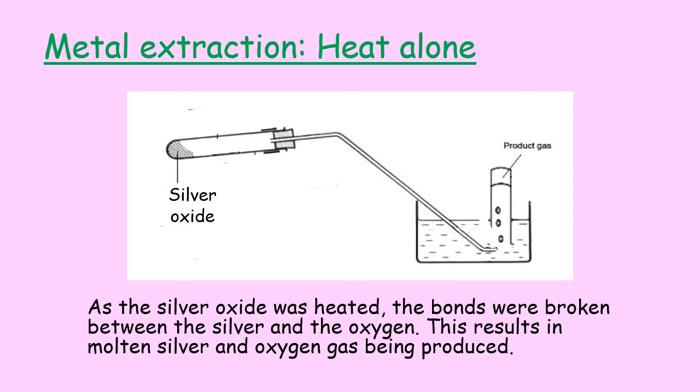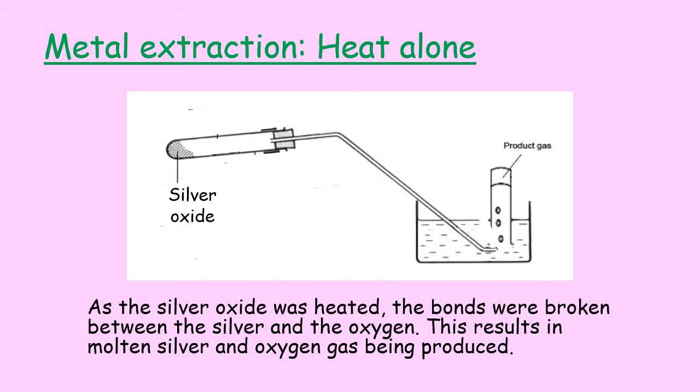So as the silver oxide is heated, the bonds between the silver and oxygen are broken, leaving behind molten silver. So you will see this black solid, silver oxide, turning into liquid silver metal, and you will see bubbles of gas being given off.